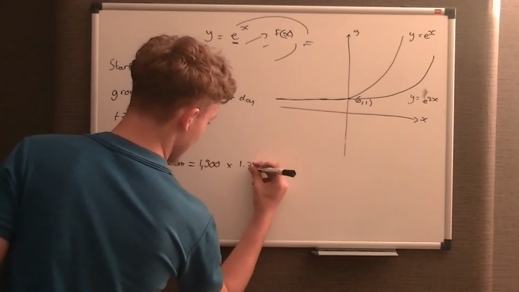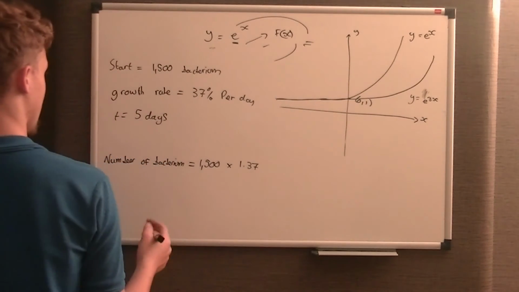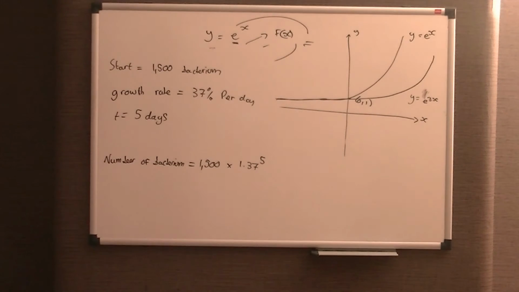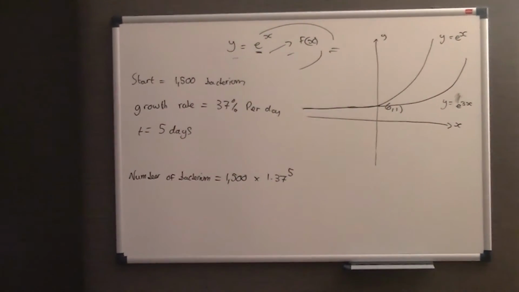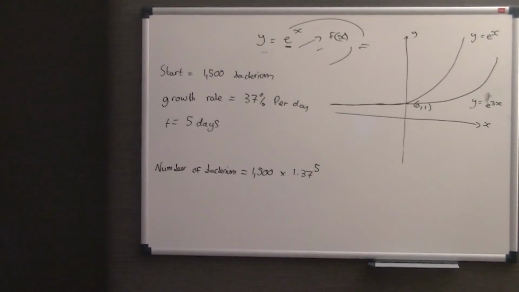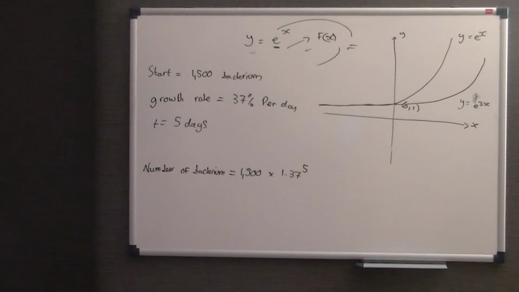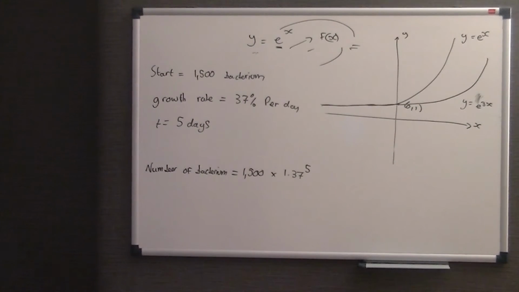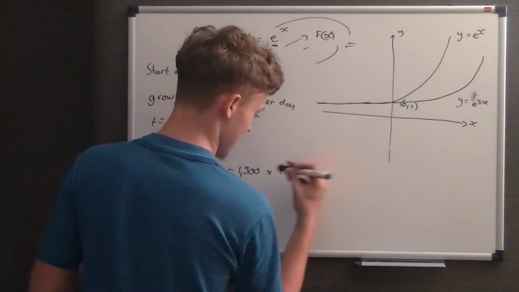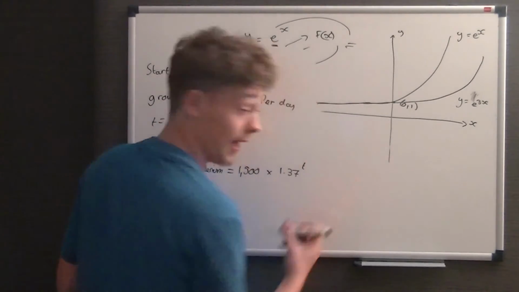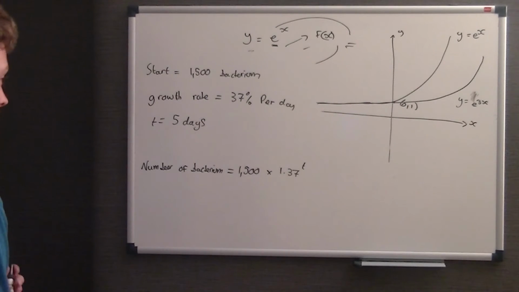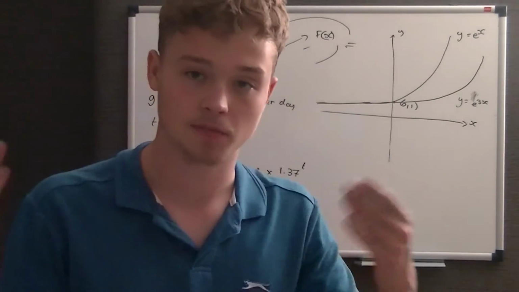So times 1.37, because that's our rate of change over 5 days. As I was saying, to the power 5, because it's been 5 days. Now the formula would be not 5, but t, because what we're putting in there is simply the number of days. So it's 1,500 times 1.37 to the power t. That's the equation.